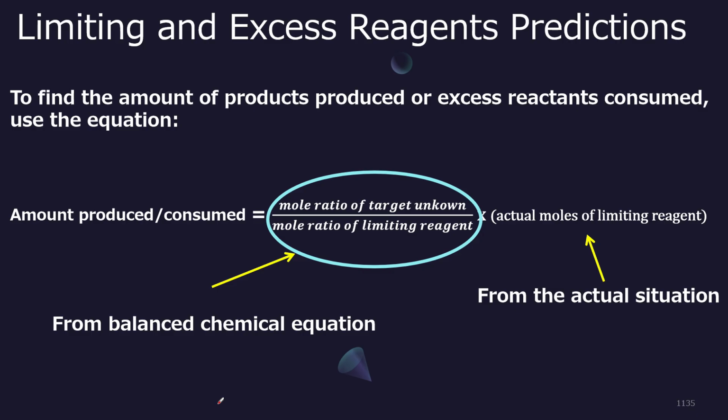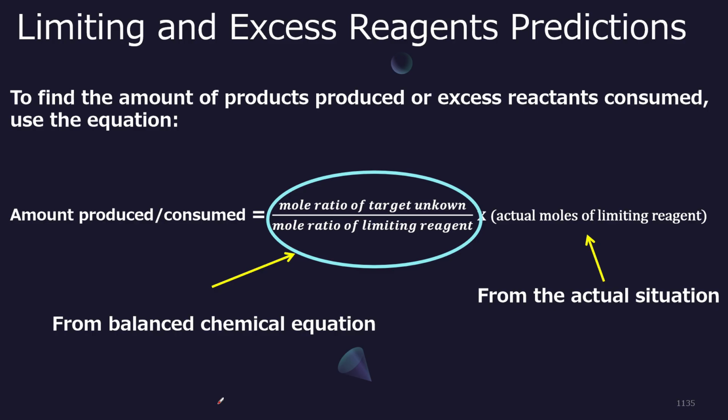So how to think about this when things get more complicated? This is what I would recommend. To find the amounts of products produced or excess reactants consumed, use this equation. The amount produced or consumed is equal to the mole ratio of your target unknown reactant or product divided by the mole ratio of the limiting reagent. This will be some fraction, like 1/2 or 3/4 or 5/7 or whatever the mole ratios end up being.